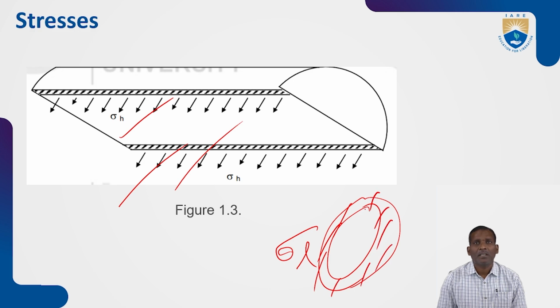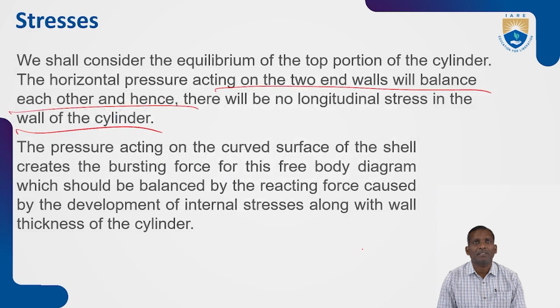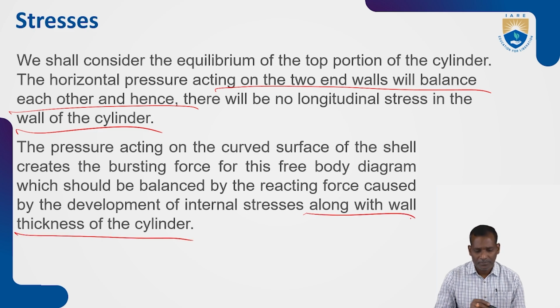Previously you have seen sigma L due to internal pressure, but in this case the pressures on the two end walls balance. The pressure acting on the curved surface of the shell creates the bursting force for this free body diagram, which should be balanced by the resisting force caused by the development of internal stresses along the wall thickness of the cylinder.